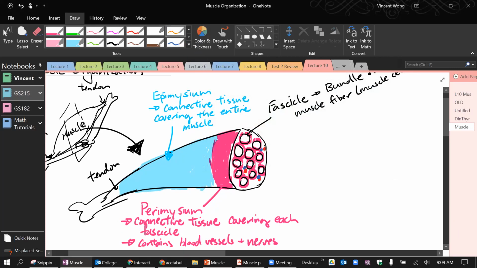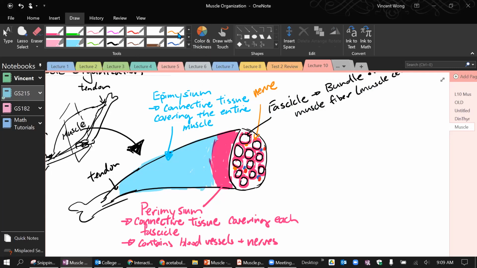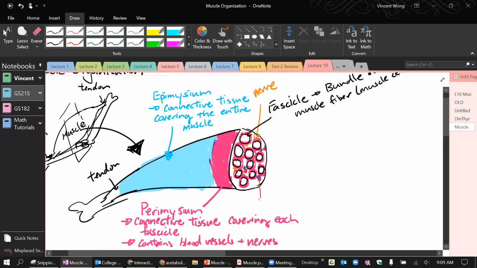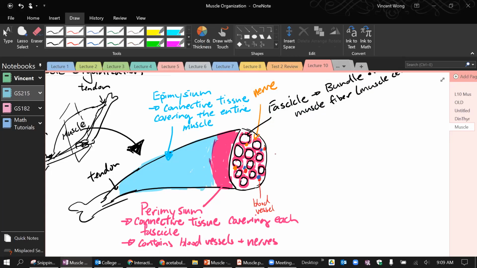You're also going to have nerves. So these are nerve endings, for example. Blood vessels. Any questions?